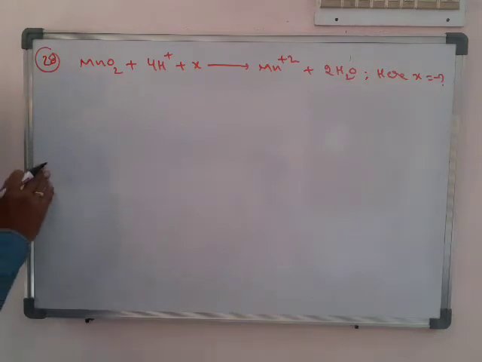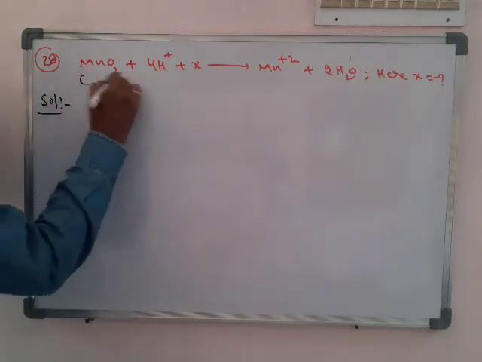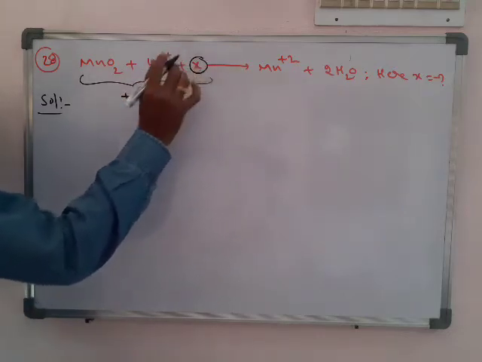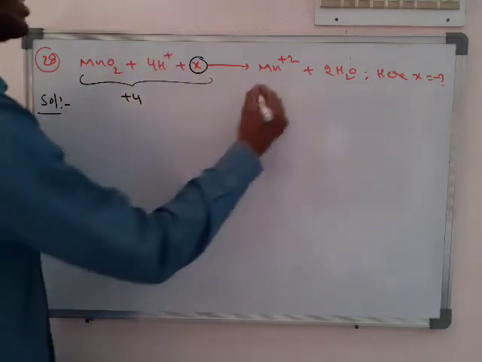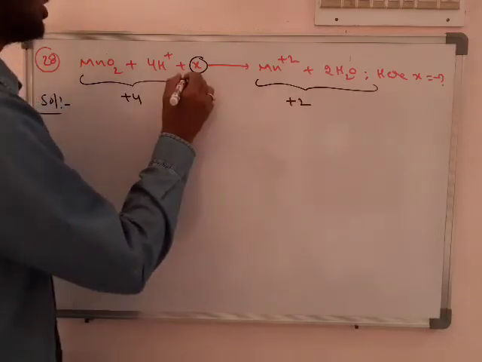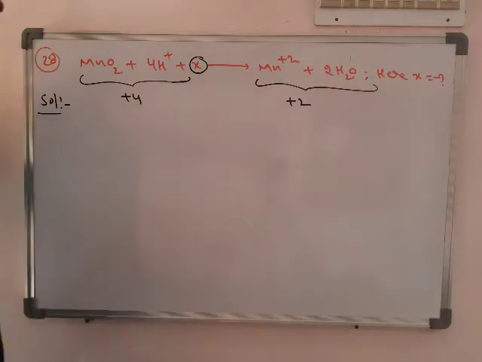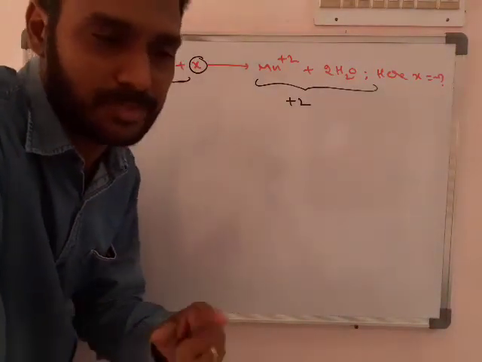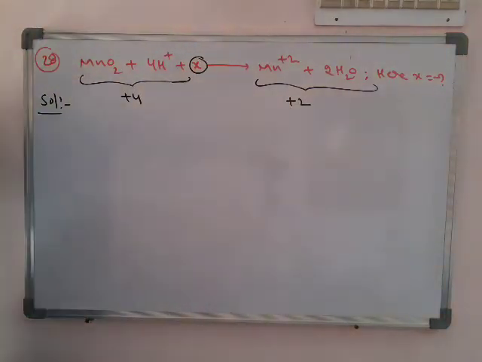This is based on balancing the charge. What is the charge on the left side? The left side charge is +4, ignoring X since we don't know it yet. What is the charge on the right side? That is +2. So except for X, it is +4 and +2. But we know the charge must be balanced. The answer is given in terms of electrons, so how many electrons will be there?